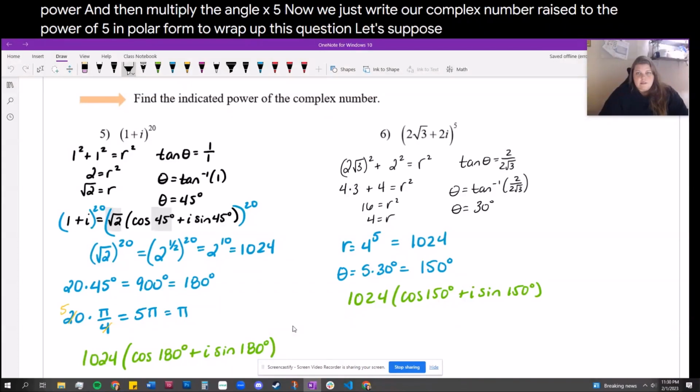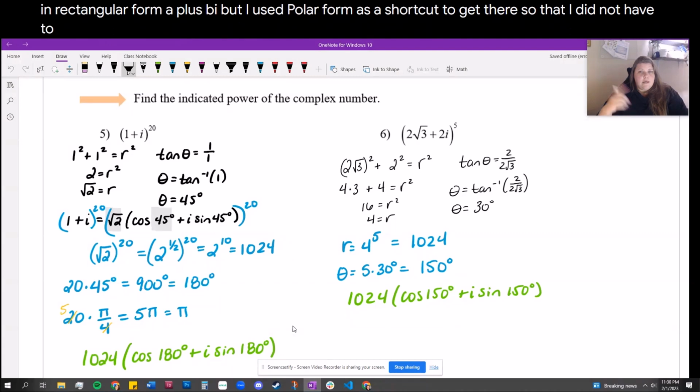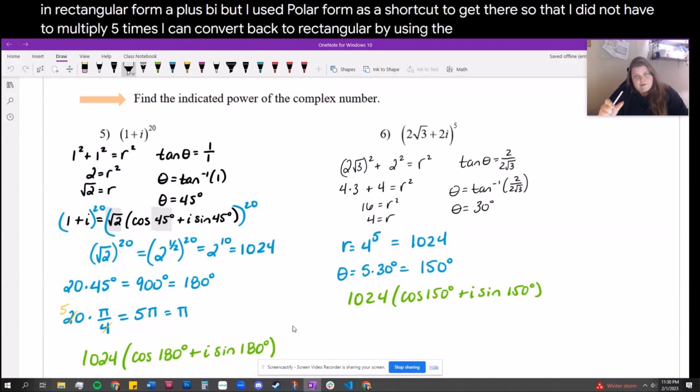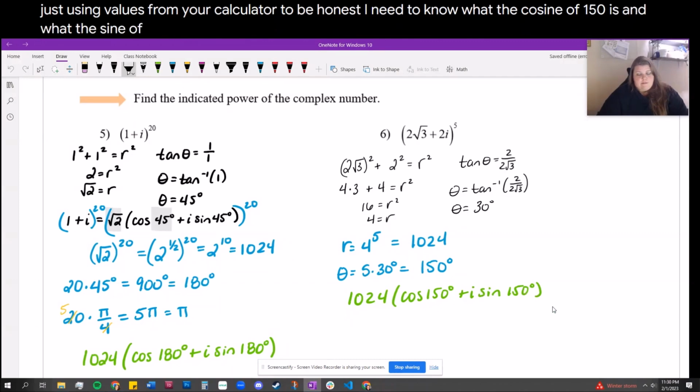Let's suppose that I did want my answer to be in rectangular form, a plus bi, but I used polar form as a shortcut to get there so that I did not have to multiply 5 times. I can convert back to rectangular by using the values from the unit circle. I need to know what the cosine of 150 is and what the sine of 150 is.